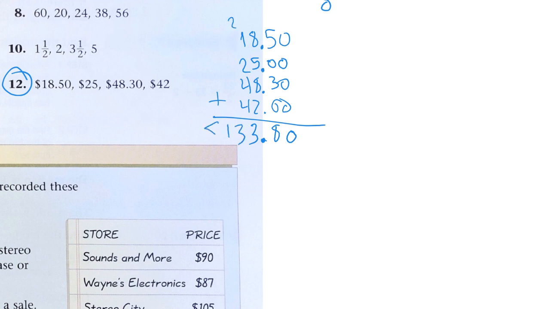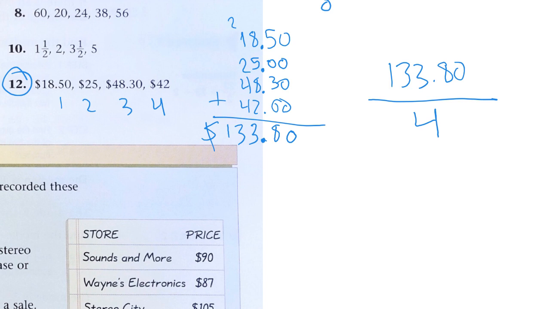So it looks like the total amount is $133.80. And we had 1, 2, 3, 4 numbers. So we're going to have the fraction of 133.80 over 4. The number on top goes in the shop, divided by the number on bottom.